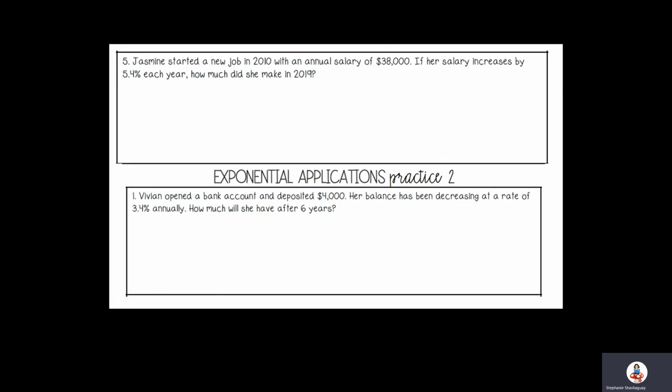Jasmine started a new job in 2010 with an annual salary of $38,000. If her salary increases, there's my growth, by 5.4% each year, how much did she make in 2019?